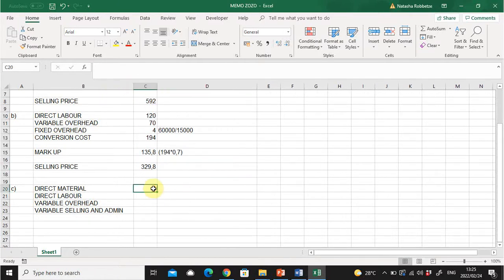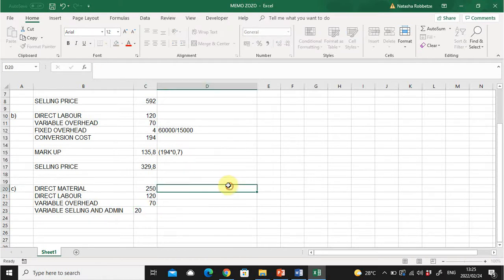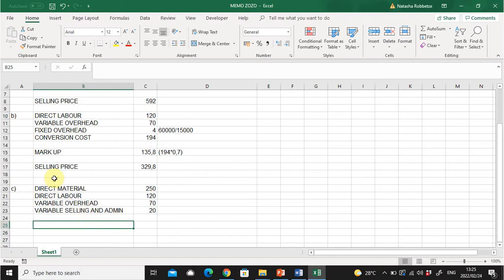Right. So for the direct material, it was 250. For the direct labor, it was 120. The variable manufacturing overhead was 70, and it was 20 Rand for the variable selling and administrative costs. Adding all of it together to get to the marginal cost.